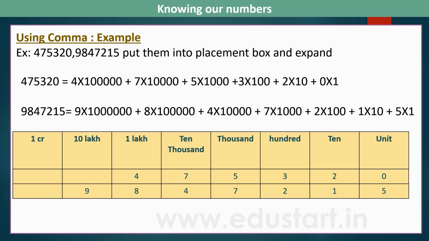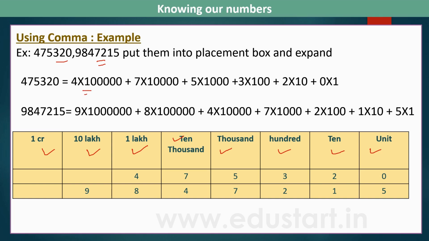Okay, so using commas, 475320984715. So put them into a placement box and expand. Placement box means all the different units are there: units place, tens place, hundreds place, thousands place, 10,000s place, 1 lakh place, 10 lakh place and 1 crore. Now you can see 475320.